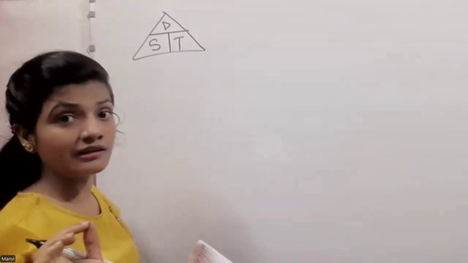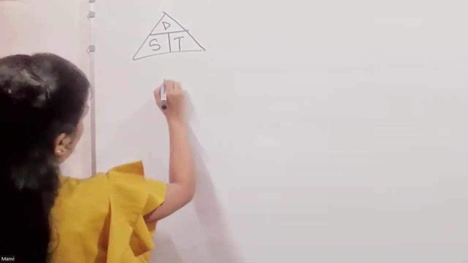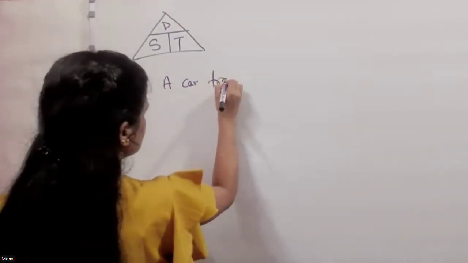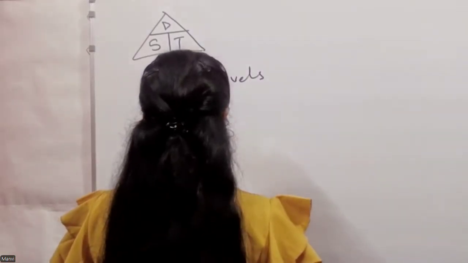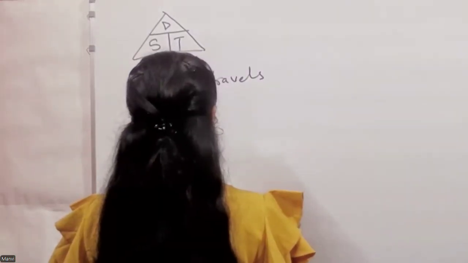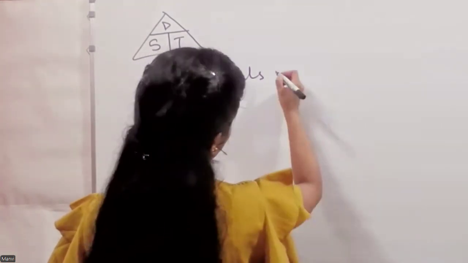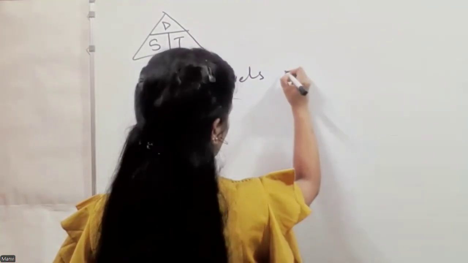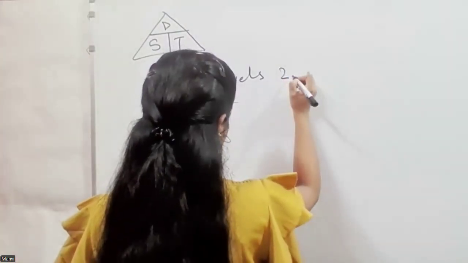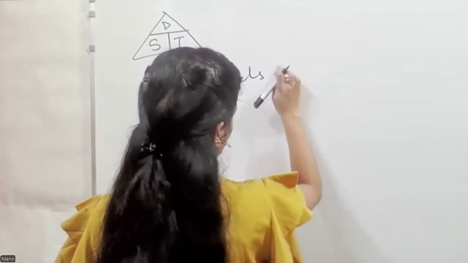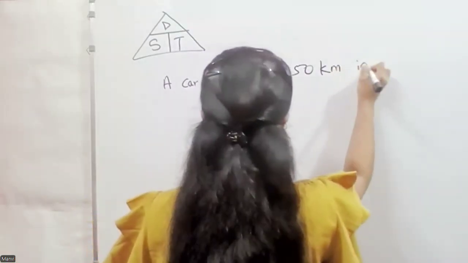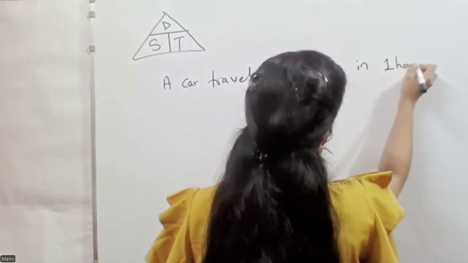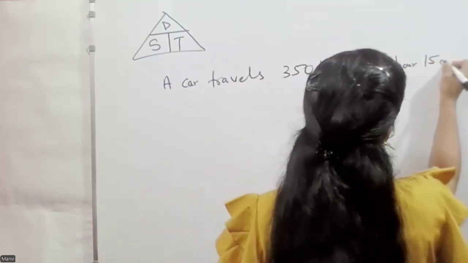Now the next question. Please use the unit in a very clever way. A car travels 350 kilometer in 1 hour 15 minutes.